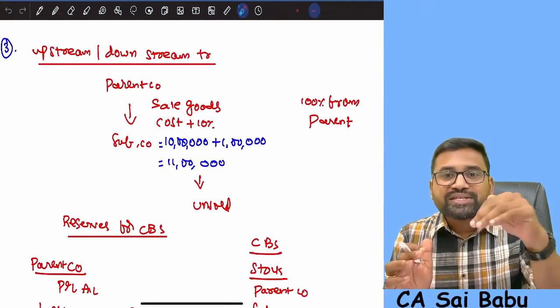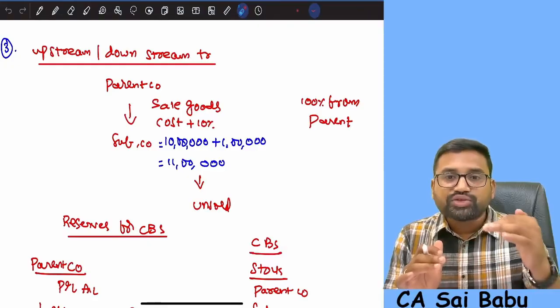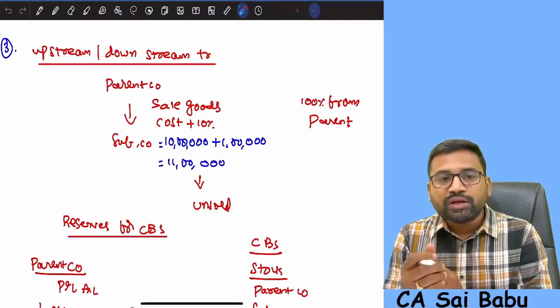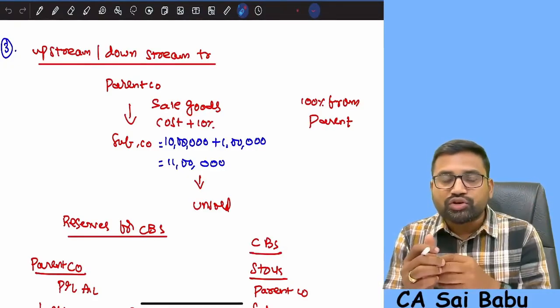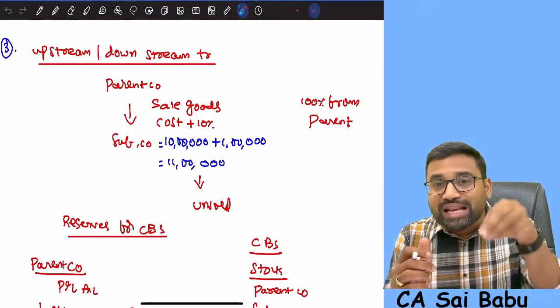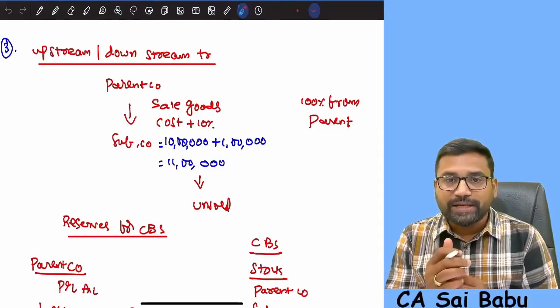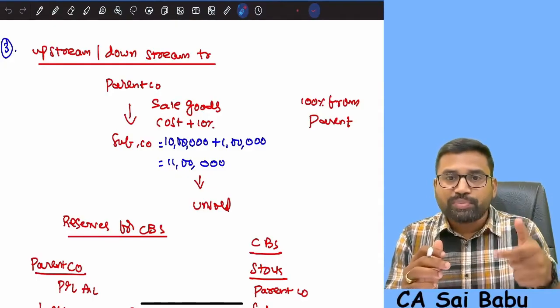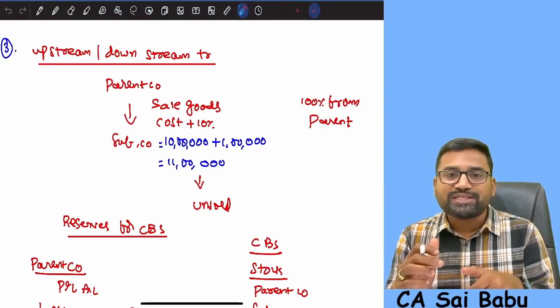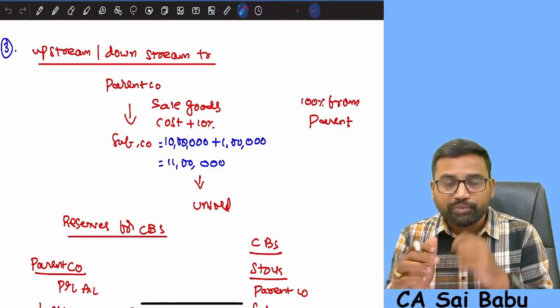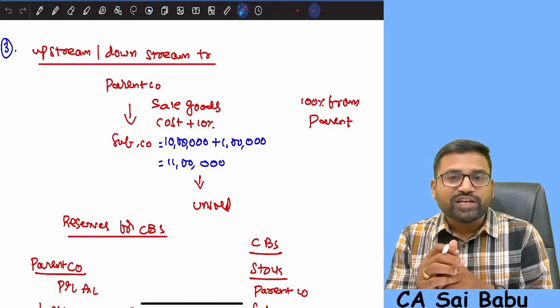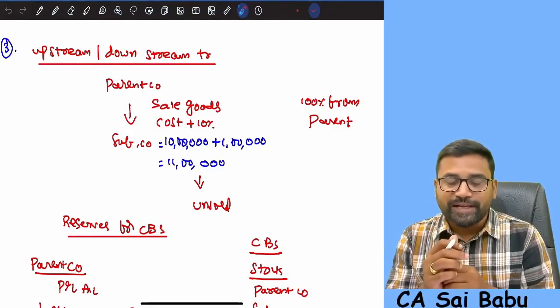Downstream means parent selling goods to subsidiary company. When parent sold goods to subsidiary, out of the goods, whatever the unsold stock is there, in that unsold stock, whatever the unrealized profit is there, at the time of consolidation you eliminate that unrealized profit. So since goods are sold by the parent company, 100% unrealized profit is eliminated from the parent company profits. So in step number 8, reserves for consolidated balance sheet, you eliminate the unrealized profit.